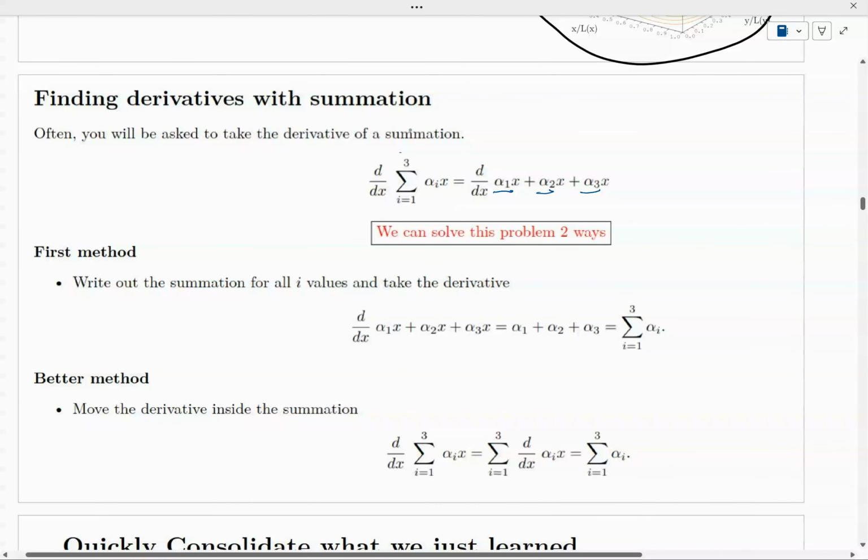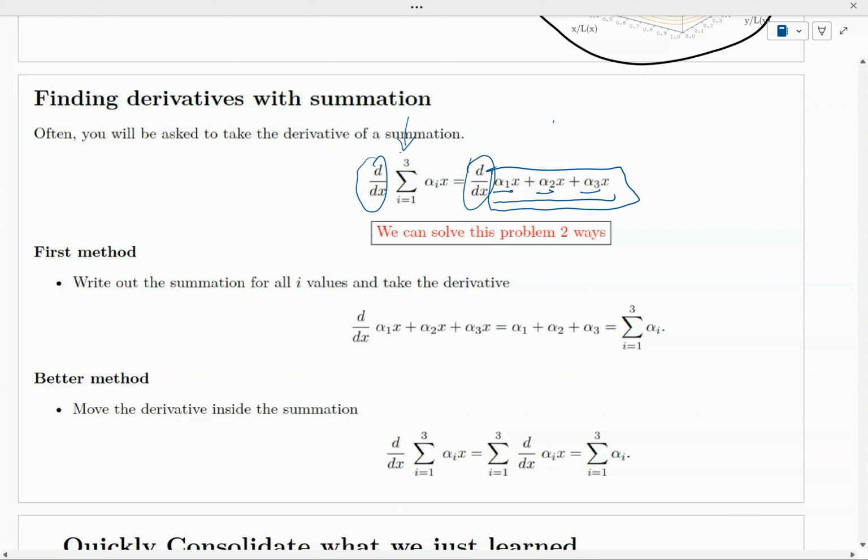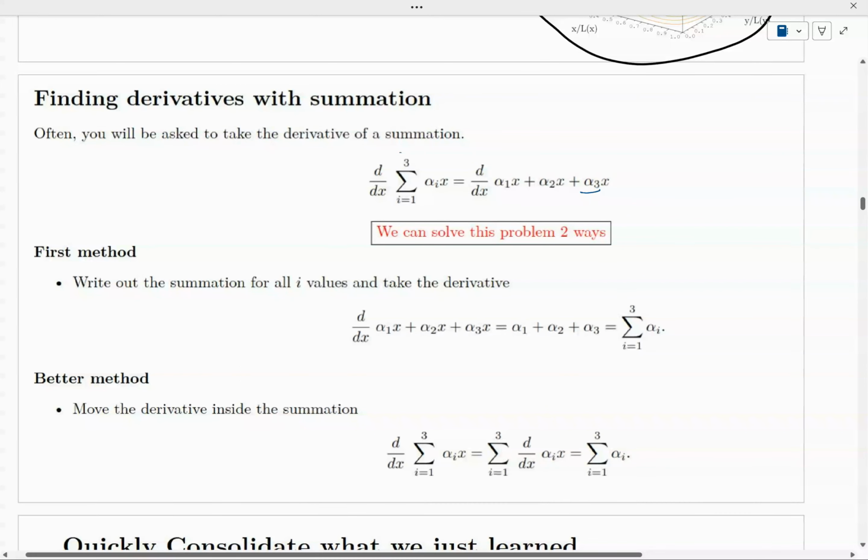So what this is saying is, you're taking the derivative of this. And when you take the derivative of a summation, you can just write it out. So the first method, write out the whole sum.